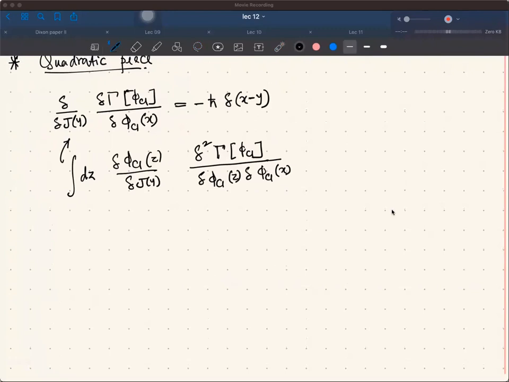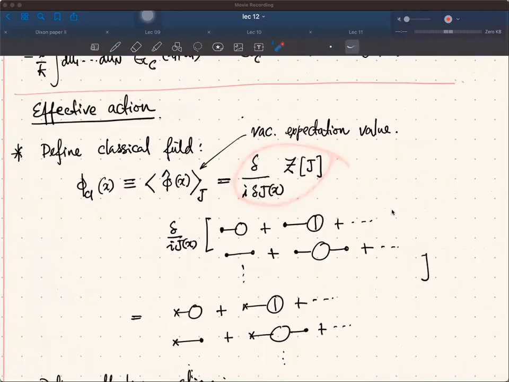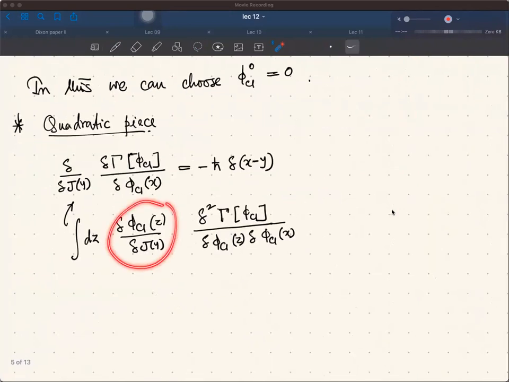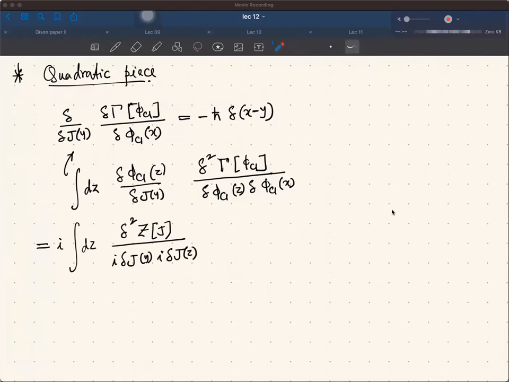Right, and then use the Legendre transformation, where phi CL is the derivative of W with respect to J. You can use that in the first factor, then it will be I times del 2 W over del J y, I del J z, because I am writing phi CL as del W del J with some factors of I.